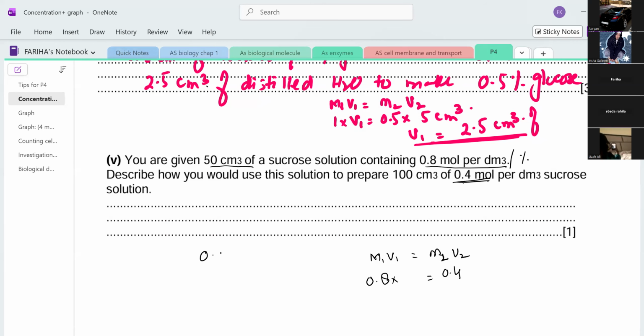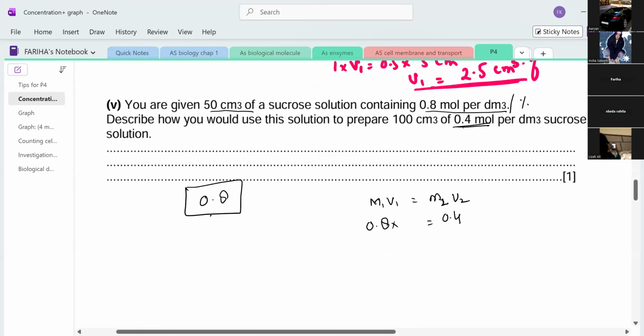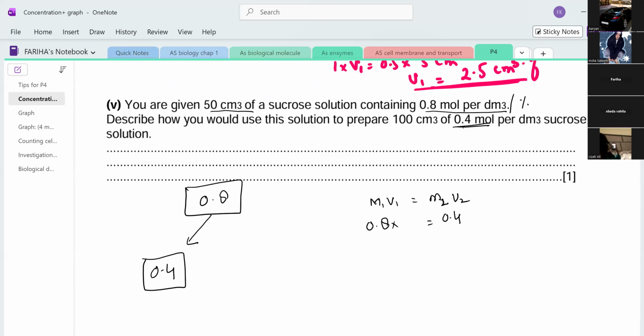So 0.8 was the stock solution, and we have to make this 0.4 mole per dm cube solution. And what should be the volume of this 0.4 mole per dm cube solution? 100 cubic centimeter. So what should we write in V2? 100.